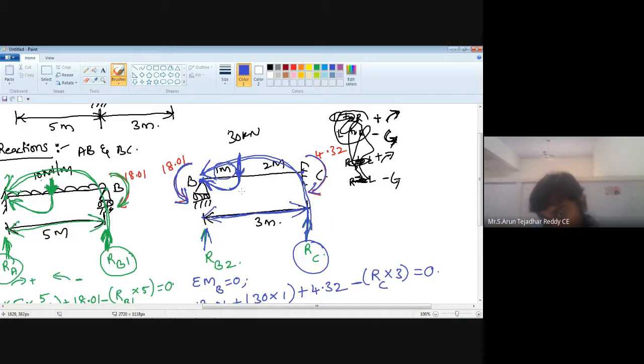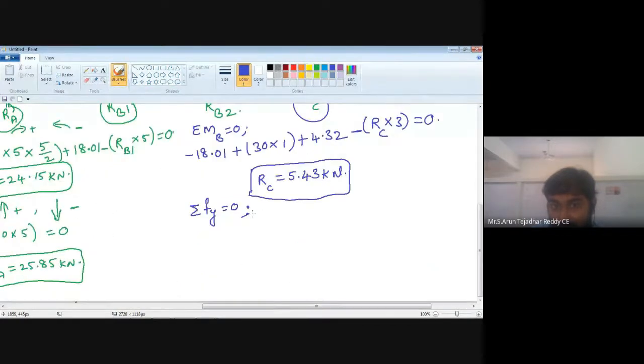Here RB2 and RC both are moving upward, so positive, and the 30 kilonewton load is acting downward, so negative. Here it is RB2 plus RC minus 30 is equal to 0.